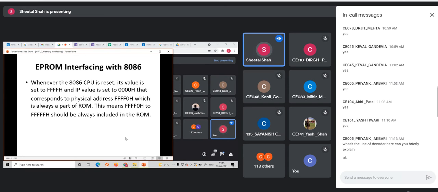So here also, when the microprocessor is reset, some program would be written, and the CS as well as IP would be pointing to that particular program. The CS value would be FFFF, and the IP value would be 0000. So the CS and IP would be pointing to that address where certain code for initializing would be written into this ROM, and that would be executed. Hope everyone is clear.